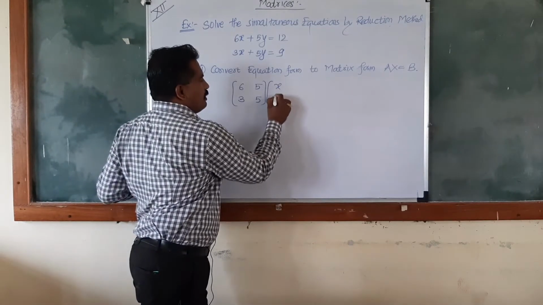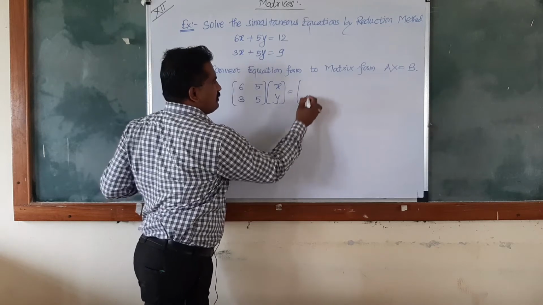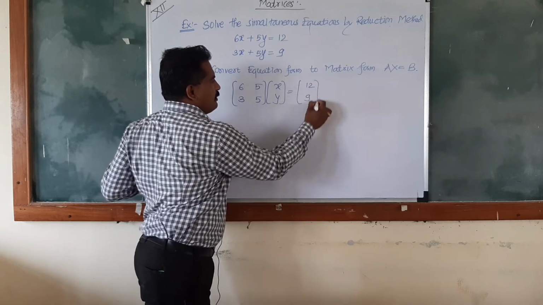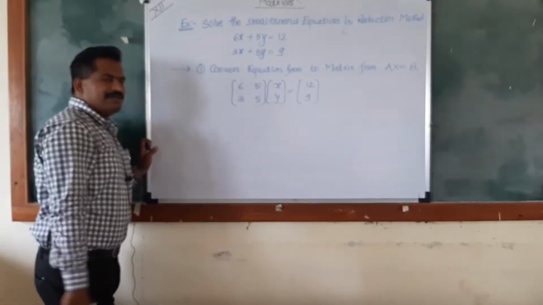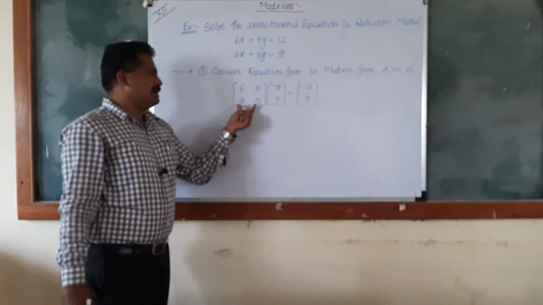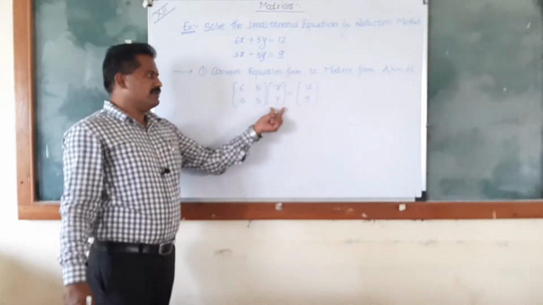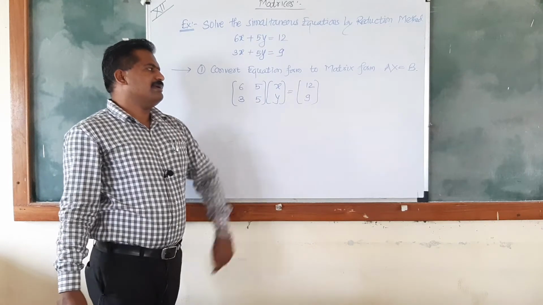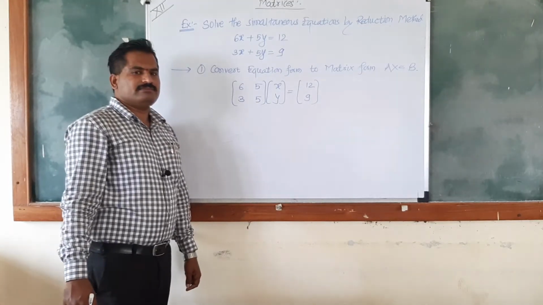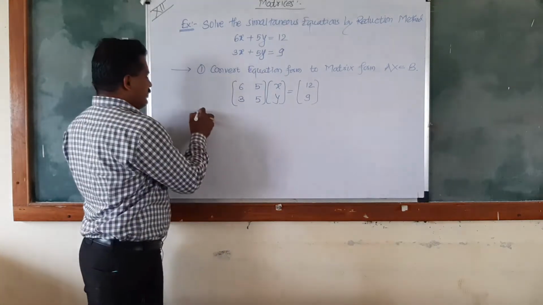Therefore, the matrix form is [6 5; 3 5] [x; y] is equal to [12; 9]. It is a very simple form in which A is [6 5; 3 5], x is [x; y], and b is [12; 9].